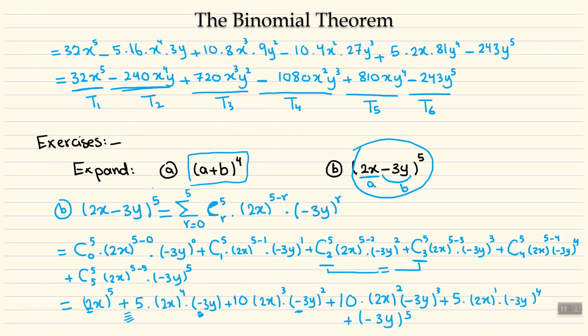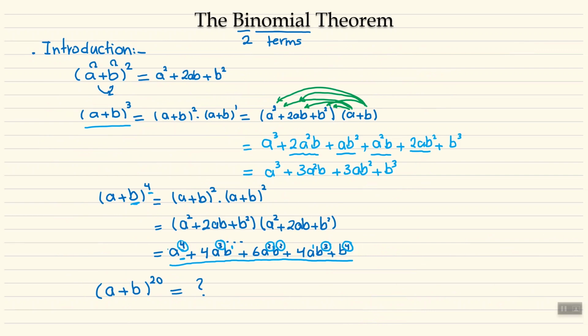If you see here in this expansion, the coefficient of the first term was 1, and the coefficient of the last term was 1. The coefficient of the second term was 4, and the coefficient of the last term was 4. The coefficient of the middle term is 6. So it's like here, if we divide this binomial from here, and we look at it from the left and from the right, we will notice that the coefficients are the same order, 4, 1, and here 4, 1. Same thing here, if we divide this binomial from the middle, and look at the coefficients from this side and from this side, it is 1, 3, and here it is 3, 1.